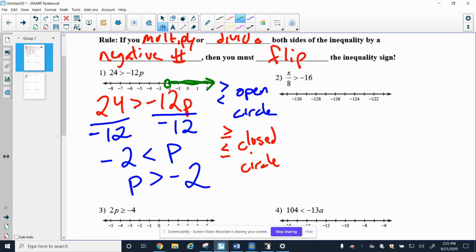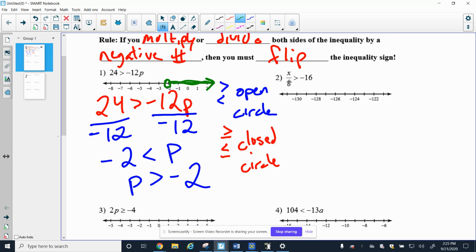Okay. So as we do more examples, you're going to see different types of number lines graphed. For example, we have number 2. It says x divided by 8 is greater than negative 16. And we treat this like a solving problem.